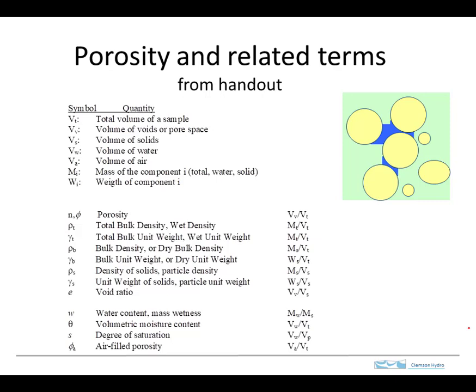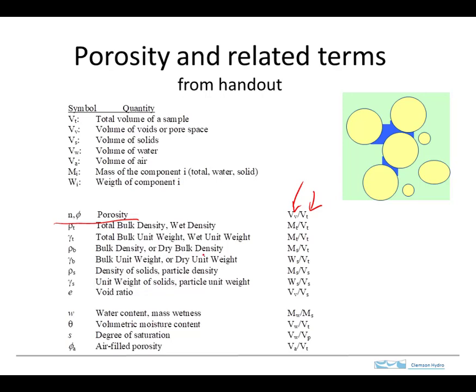So the porosity is the ratio of the volume of the voids to the total volume, and we also might have the weight or the mass that we could determine for the total material and for the solids. And so this gives a variety of ratios that we can use. Here's the porosity, and that's the volume of the voids to the total volume.